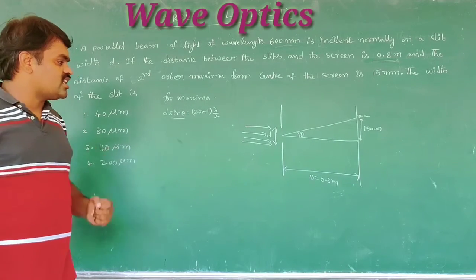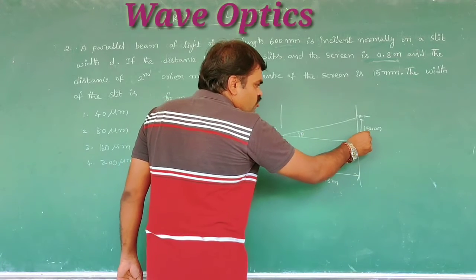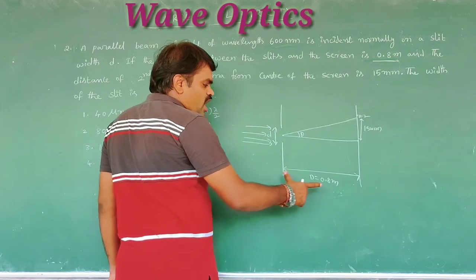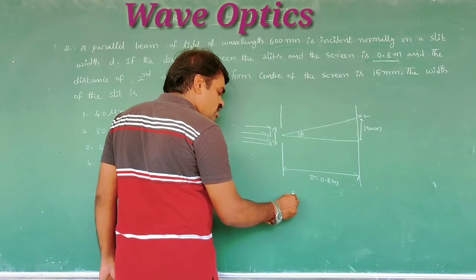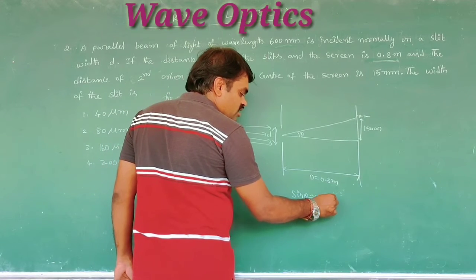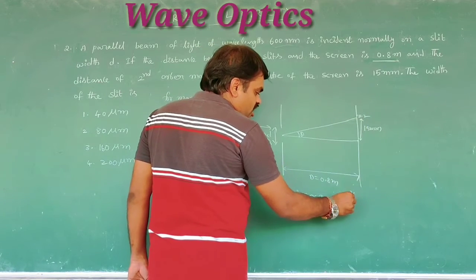We know theta is very small, because 15 millimeter is a very small value as compared with the distance. So sin theta is approximately equal to tan theta, that is opposite side by adjacent side.